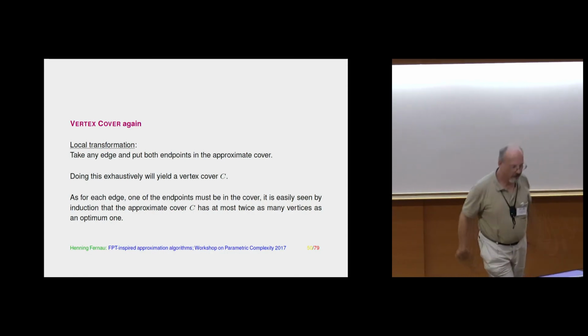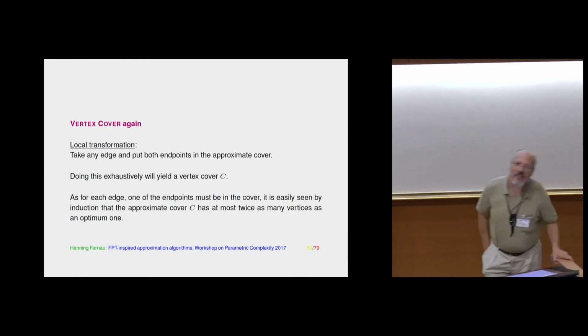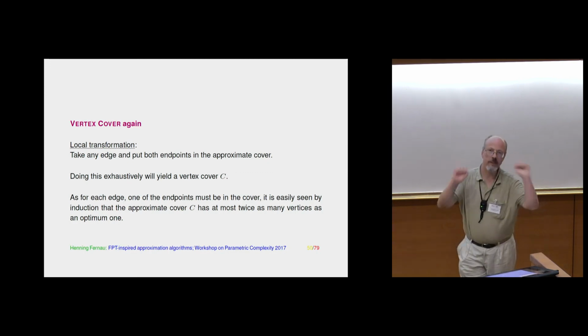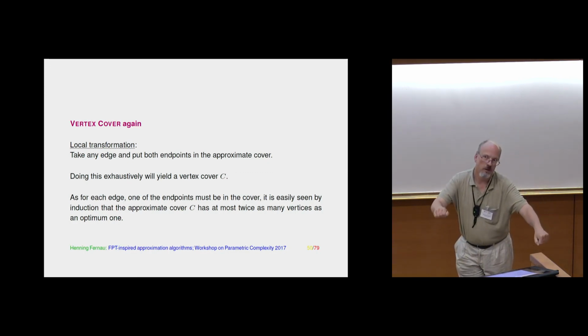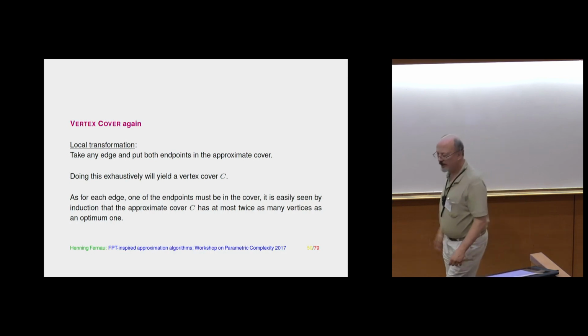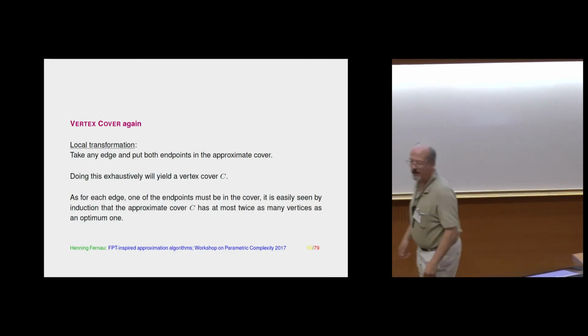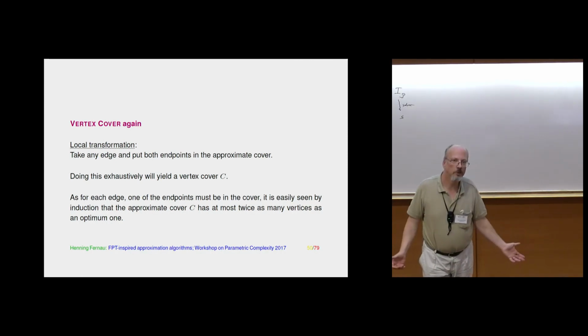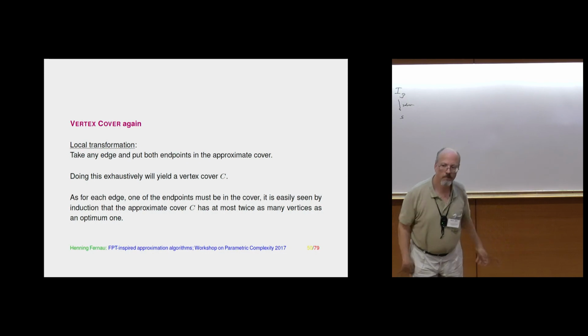Okay, we get a vertex cover, but just by the very definition of a vertex cover, it is clear. For this edge that I picked, at least one of the 2 vertices will be in any optimum cover. Otherwise, it wouldn't be a cover, by definition. So therefore, I'm losing factor 2 if I grab both.